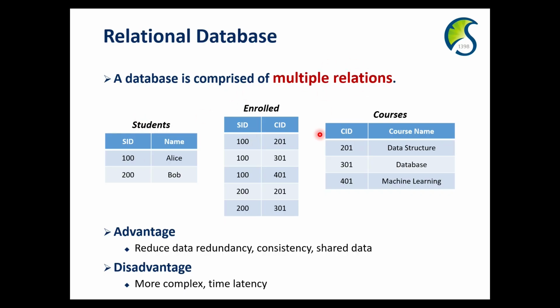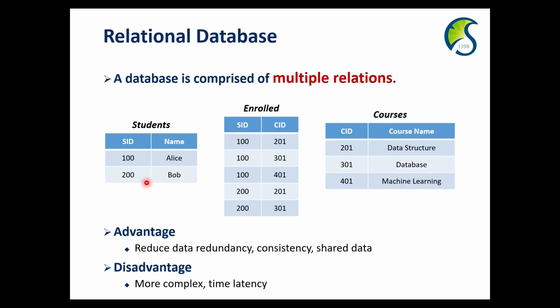Each table, actually, as I said, the relations are similar to tables, but they are a little bit different. So next time, let me explain the difference between relation and table. But for simplicity, you can just consider relations as tables. So usually, the relational database consists of multiple tables, multiple relations.